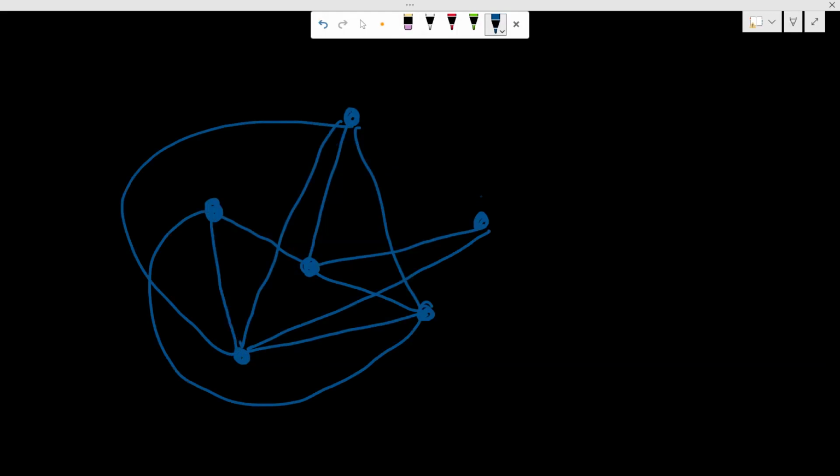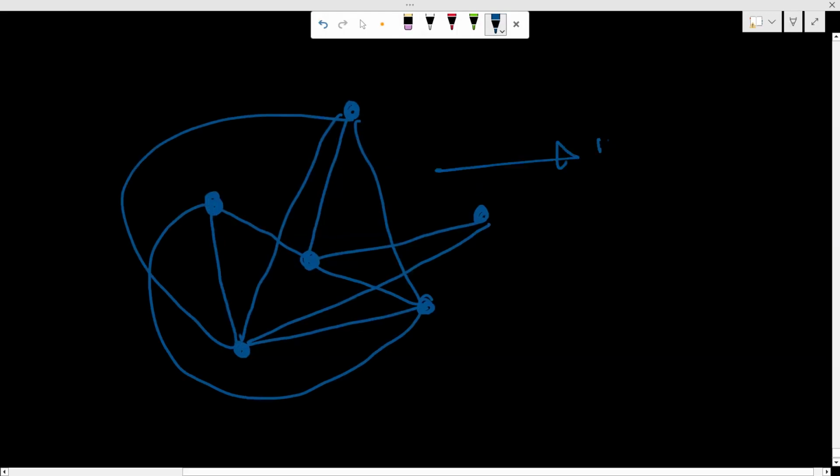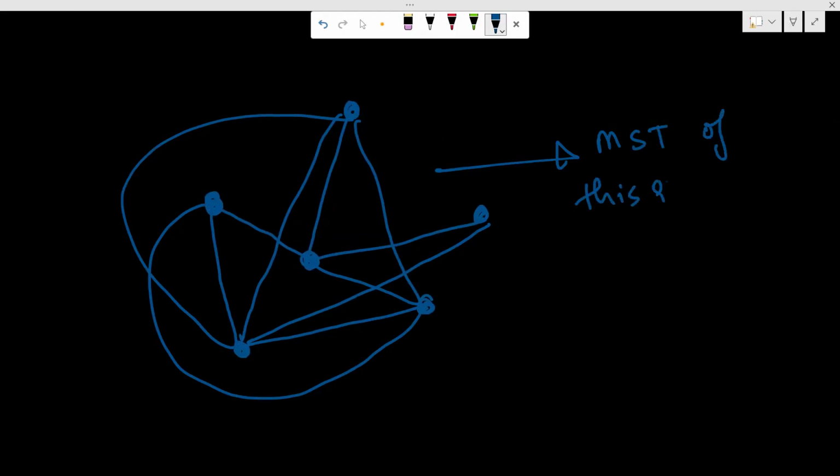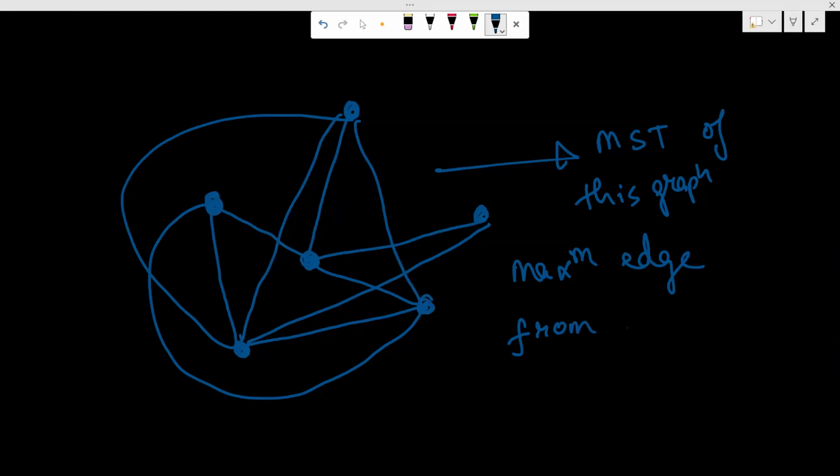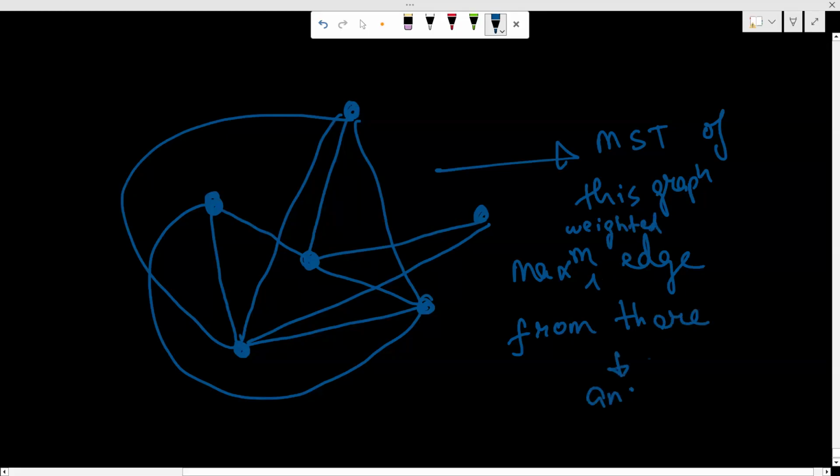So do you guys agree that if I construct the MST of this graph, and then I take the maximum weighted edge from there, then that will be my answer?